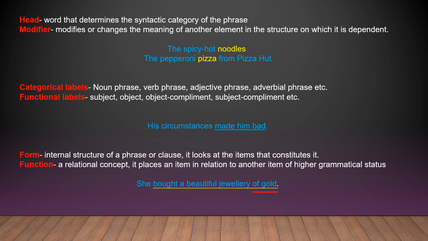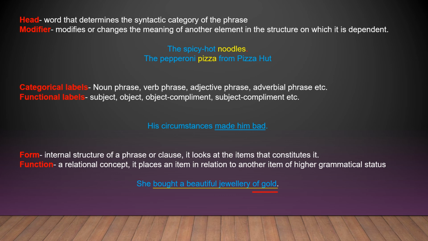So we have this example here: his circumstances made him bad. We have the noun phrase here, his circumstances, and the verb phrase, made him bad. So these were the categories, and based on the function, we have made him bad acting as the object complement, because it is telling you what his circumstances did to him.